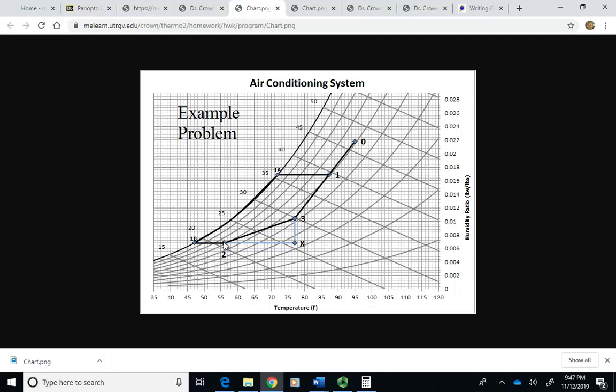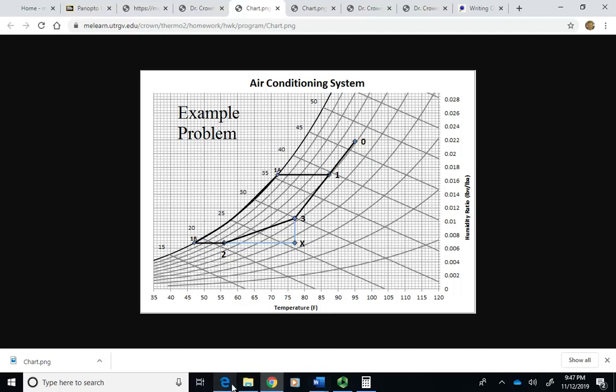So the flow rate at 2 and 3 are the same, and that's the same mass flow rate at 1B, 1A, and the supply at 1. So the flow rate through this whole part of the loop is the same. When we get to here, some of this air left and some of this air mixes in, but that flow rate going around this loop is going to be the same mass flow rate all the time.